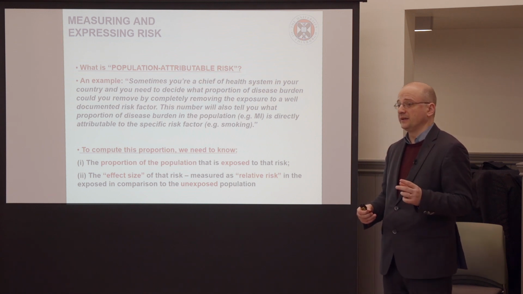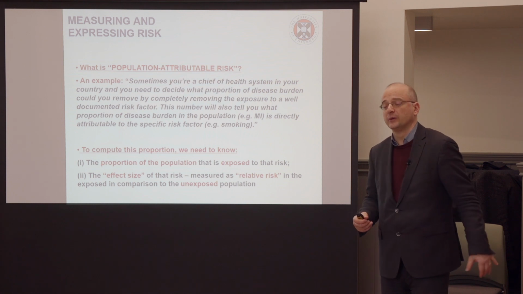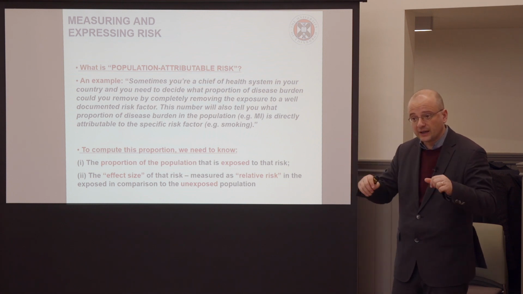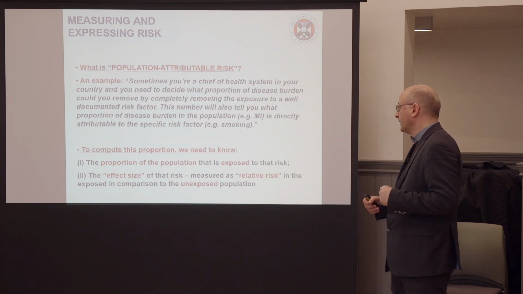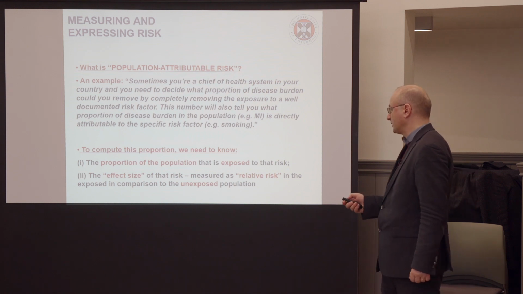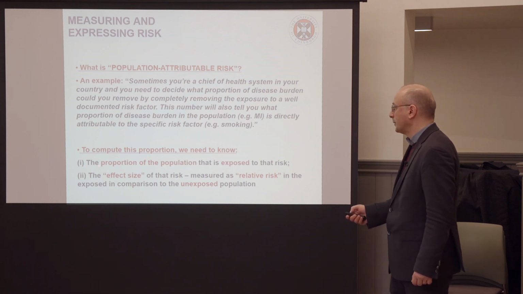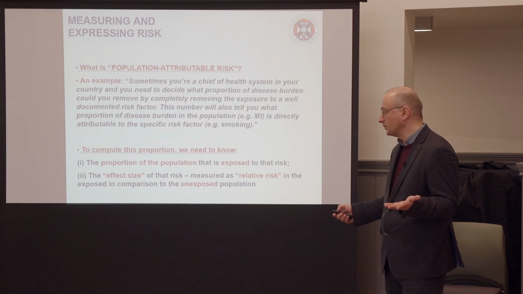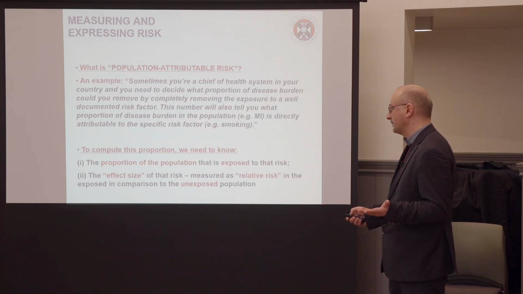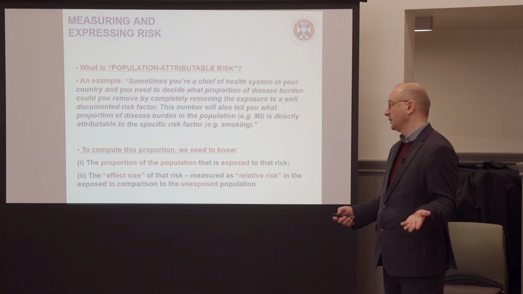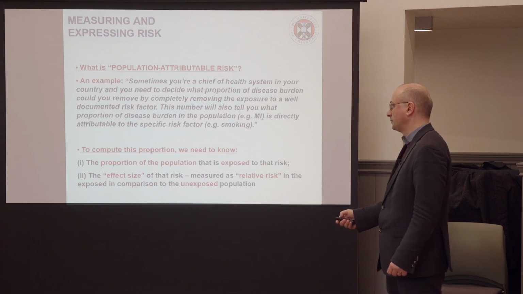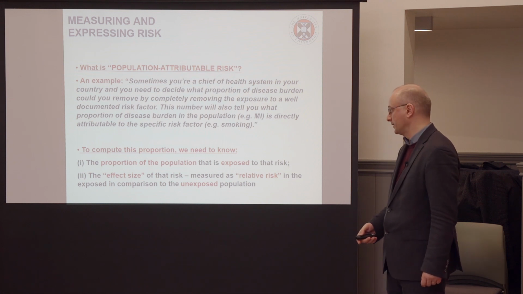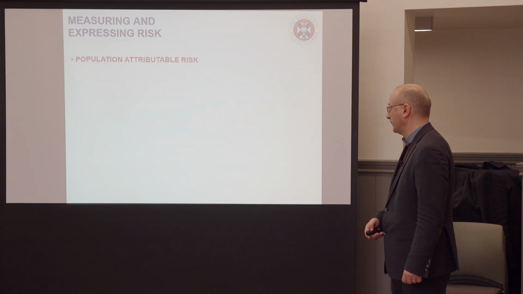You can only know this by removing smoking from the population and then see what happens to the burden of disease. To compute this proportion, we need to know the proportion of population which is exposed to this risk and the effect size of that risk, which is, as we know, measured as relative risk in the exposed in comparison to those who are not exposed.